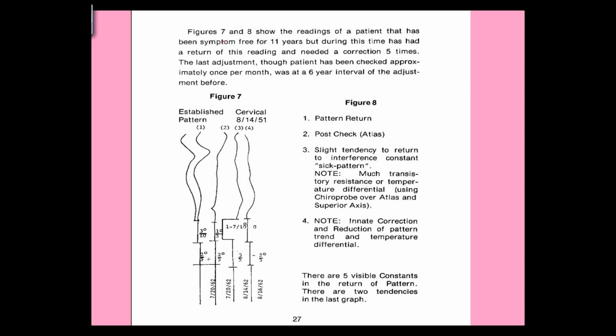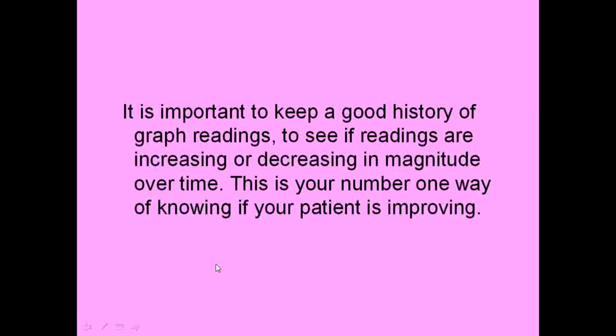That patient has been symptom free for 11 years and has needed correction 5 times. So they've needed 5 adjustments in the last 11 years. The patient has been checked approximately once per month, and the patient went 6 years between adjustments.